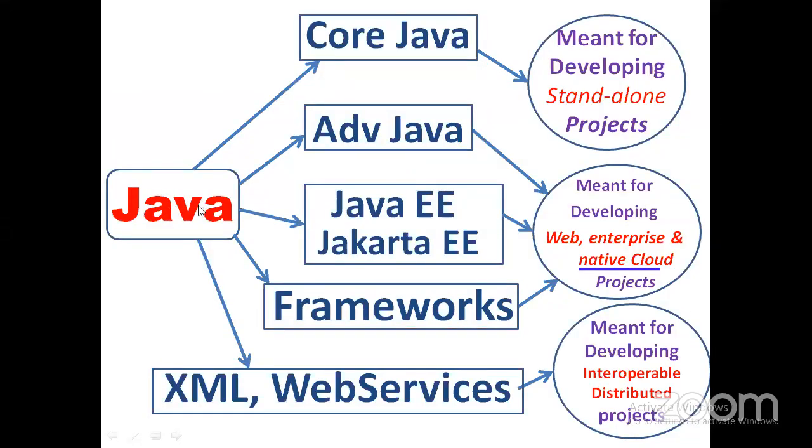Using Java, we have sections: core Java, advanced Java, Java EE, frameworks, XML web services. By using each section of Java, we can develop standalone applications, web and enterprise applications, and interoperable applications. My target is developing standalone applications.